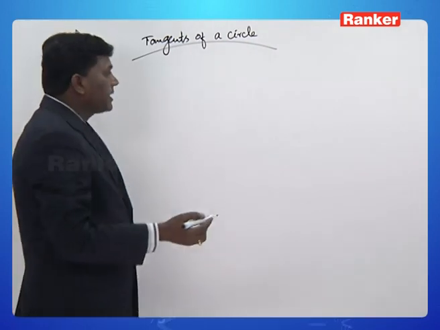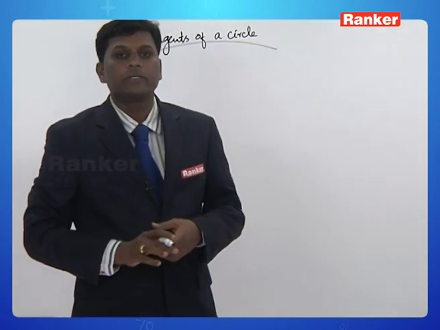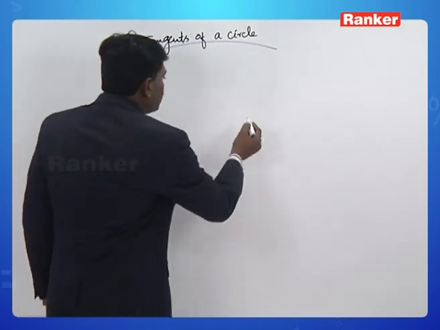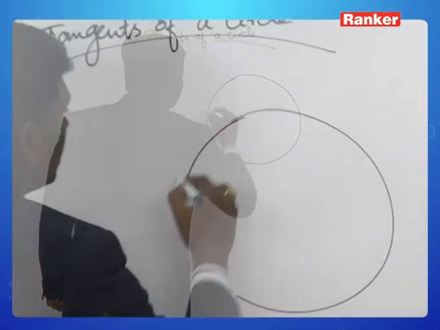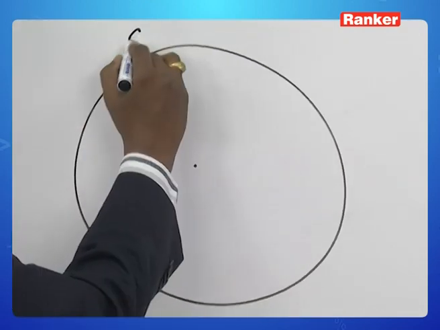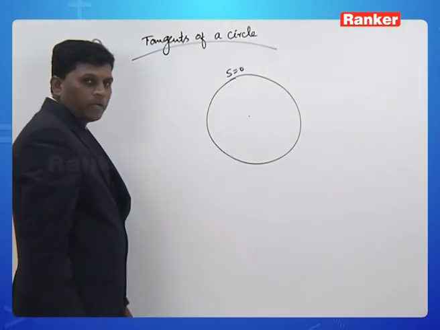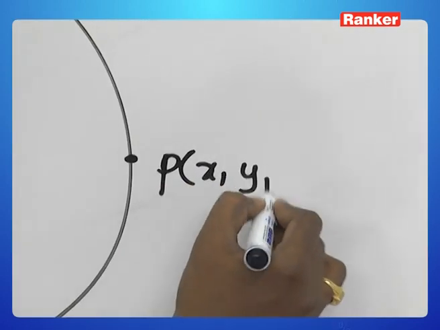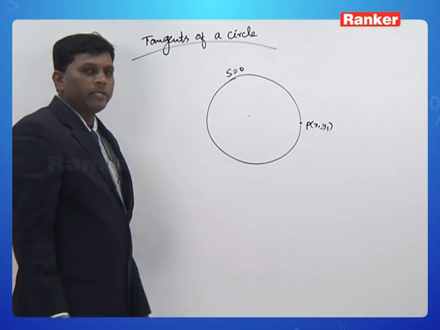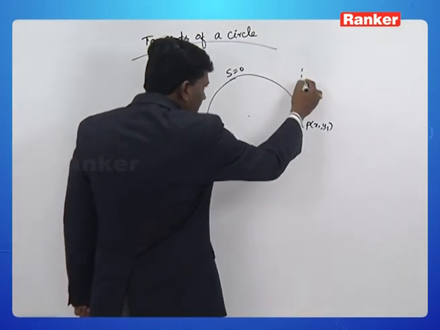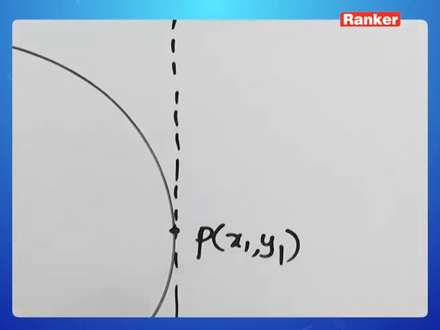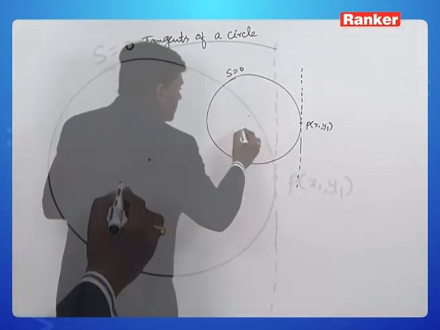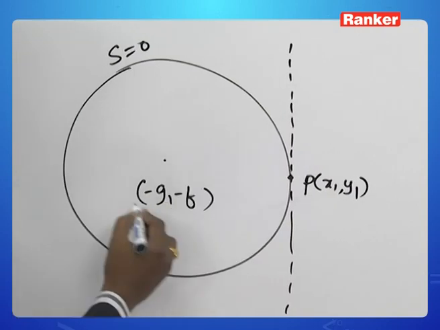Now let us see how to find the tangent equation to the given circle at a given point on its circumference. If you take the circle given as S equals to 0, on which there is a point P(x1, y1) imagined, then to find out the equation of tangent drawn at this point to the circle, here the center is minus g comma minus f.